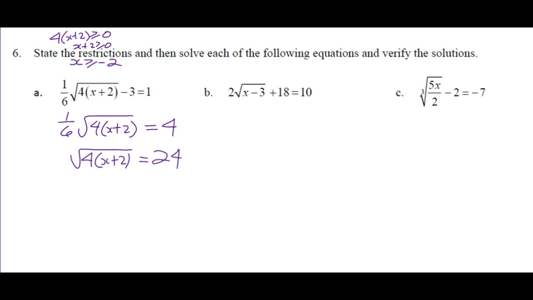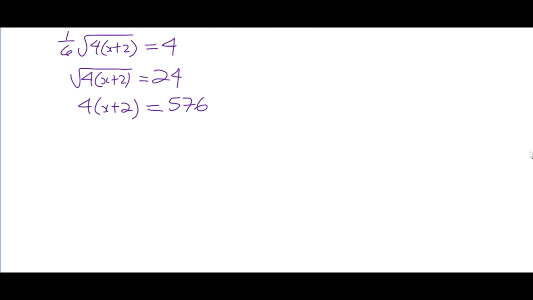So now what do we do? You square both sides. So 4 times x plus 2, right? When you square a square root, you just drop the radical sign, is equal to 24 squared, which is what? 576. Okay, what's the next step? Divide both sides by 4, right?